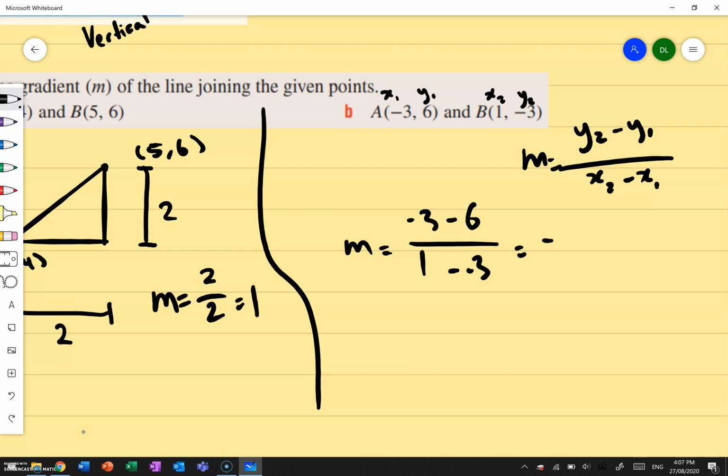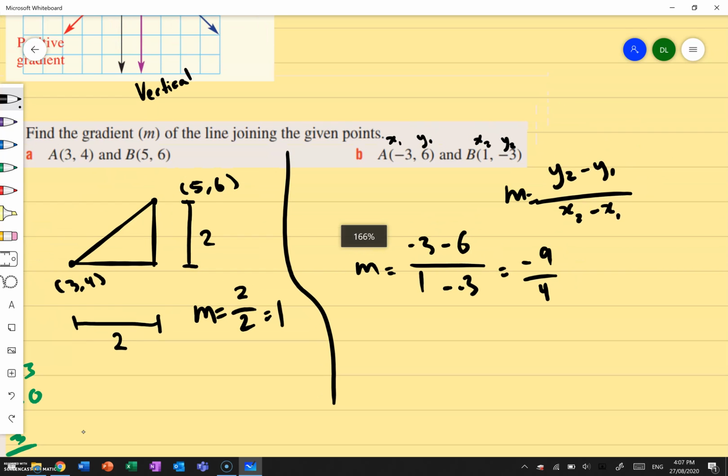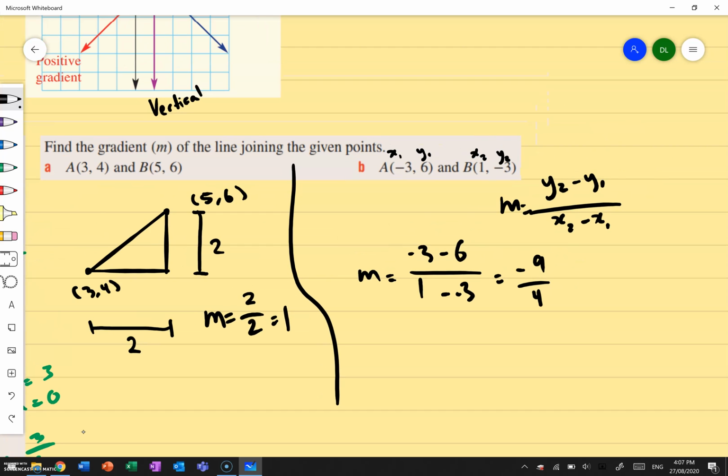And I get negative 9 over 1 minus negative 3, which is 4, which is the same answer. And that applies to any 2 points. So you can use that formula, or you can use the original drawing the triangle. That's up to you. But if you want to be right every single time, you should probably go with the formula. It's a little bit clearer, but that's up to you.